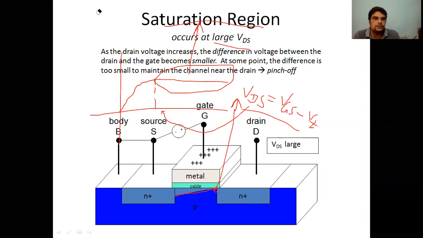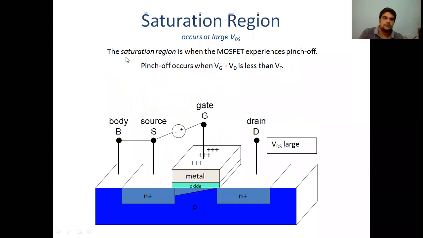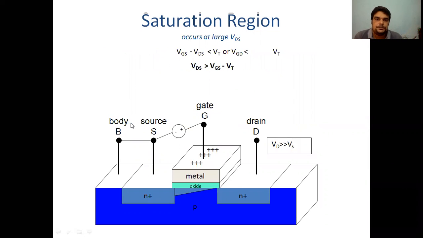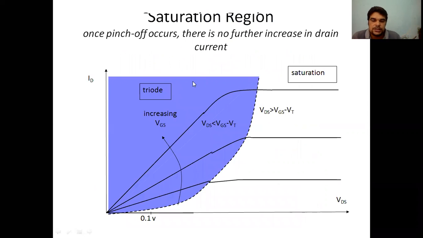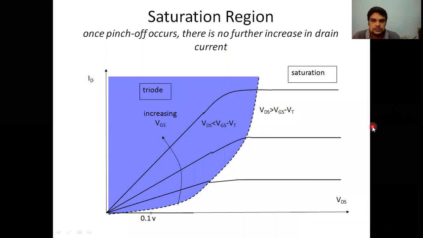So this is the pinch off that is shown here. You can see the diagram here. For the saturation region, the condition is that VDS should be greater than VGS minus VT.